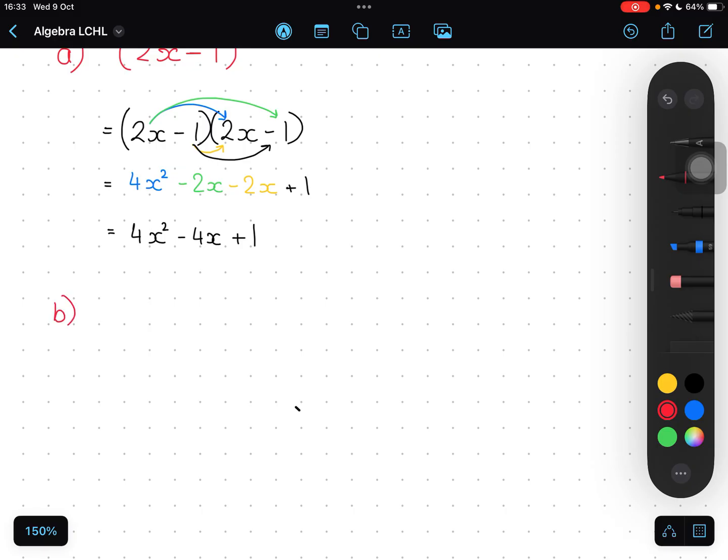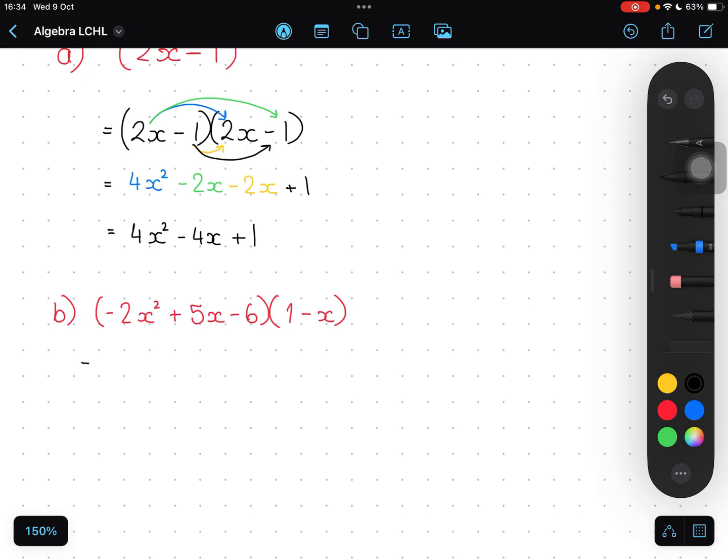So B is minus 2x squared plus 5x minus 6 times 1 minus x. Okay, so again, every term in that first bracket has to multiply every term in the second bracket.